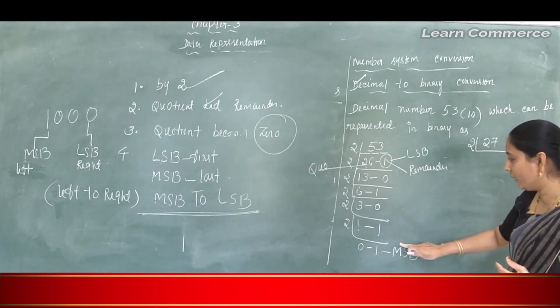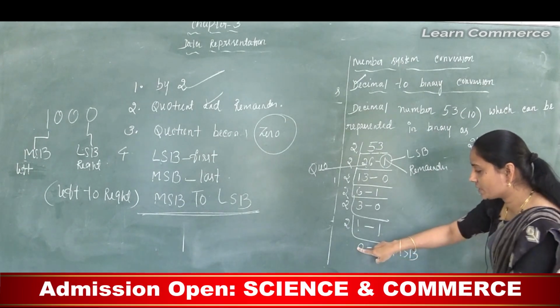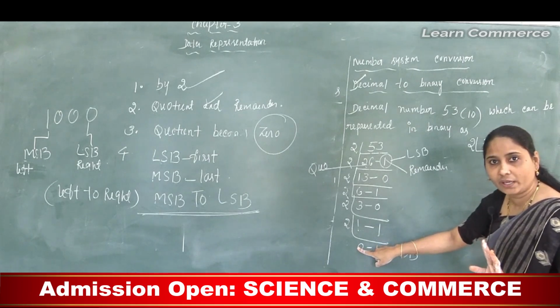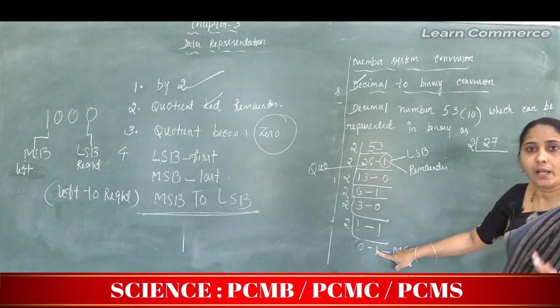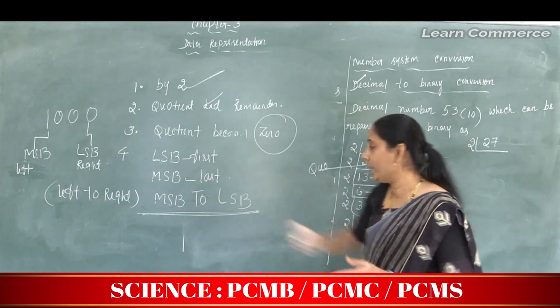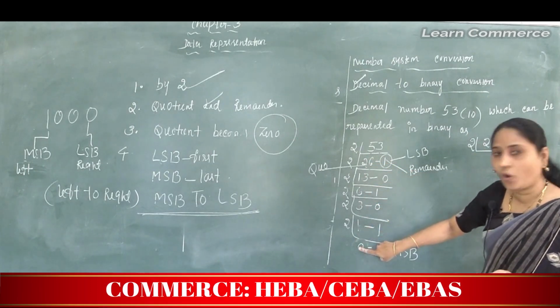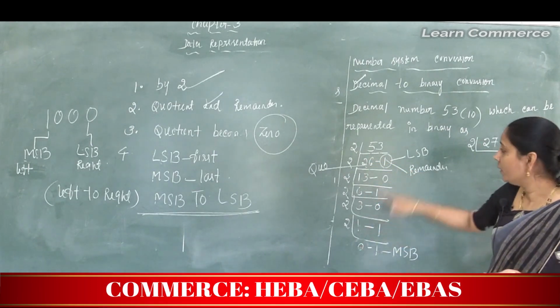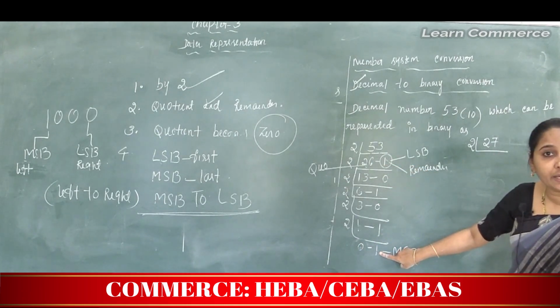I am going to take only the remainder values, not the quotients, because I already said it in the note. So 26, 13, 6, 3, 1, 0 all come under quotient, and 1 0 1 0 1 1 all come under remainder.